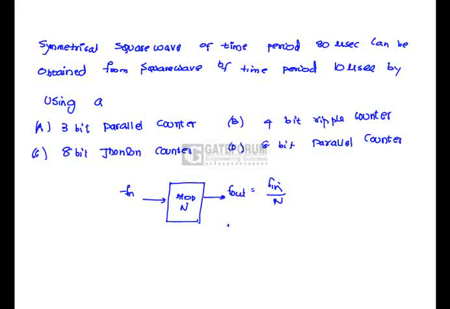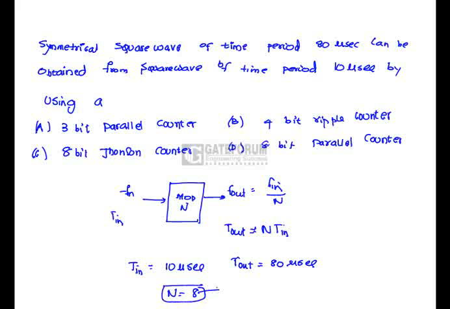So T_out is equal to n T_in. Here T_in is 10 microseconds, T_out is 80 microseconds. So n is equal to 8. This is the number of states present in a counter.